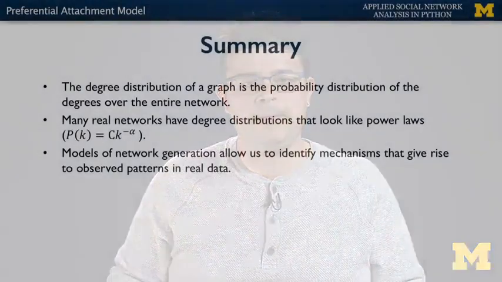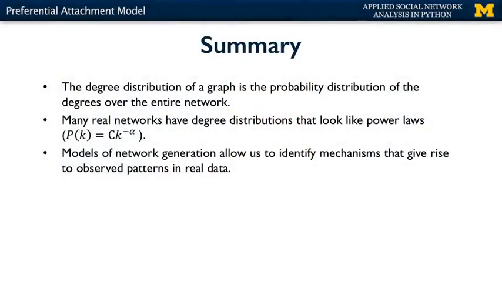So in summary, the degree distribution of a graph is the probability distribution of the degrees over the entire network. In many real networks that we see, this degree distribution tends to look like a power law, because it looks like a straight line on a log-log scale. We also discussed that models of network generation allow us to identify mechanisms that give rise to patterns that we observe in real networks.